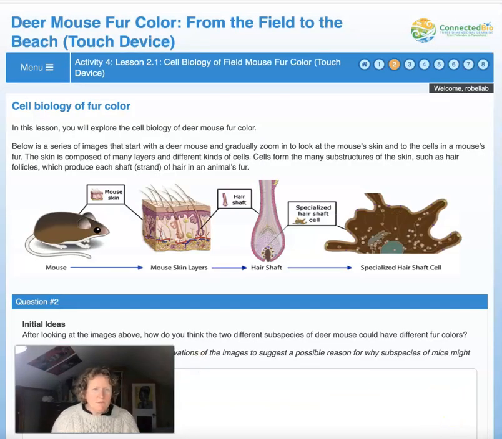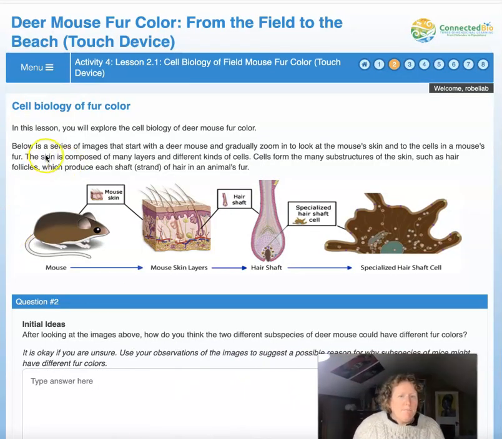So now that you finished question 1, we're going to zoom in here. Below is a series of images that will start with the deer mouse and gradually zoom in. Here's the skin, here's a single hair shaft, and here's one of the cells in that hair shaft. You can see those little brown dots right there.